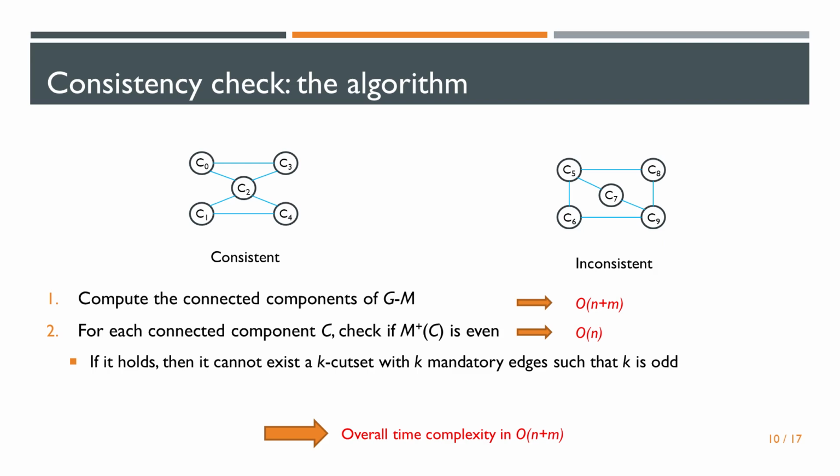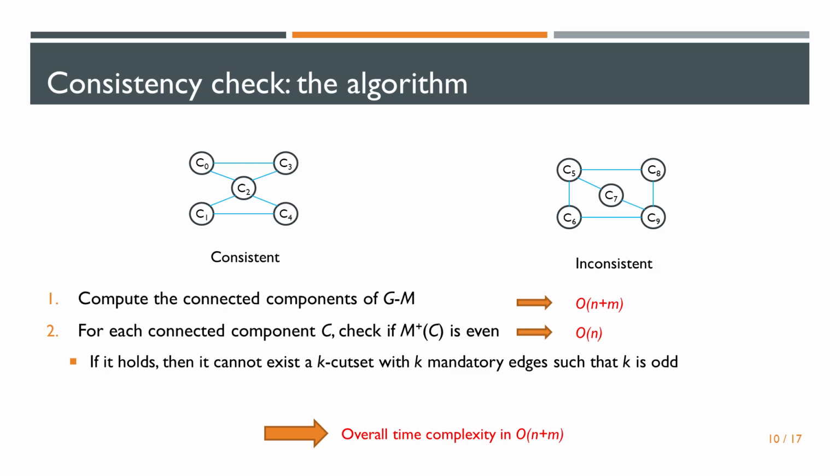I explain. Let's have two connected components of optional edges such that the two connected components each have an even number of mandatory edges outgoing. So the two cutsets induced by one component and the other are valid. If we merge the two connected components, then we will have the mandatory outgoing edges of the first component plus the mandatory edges outgoing from the second component.